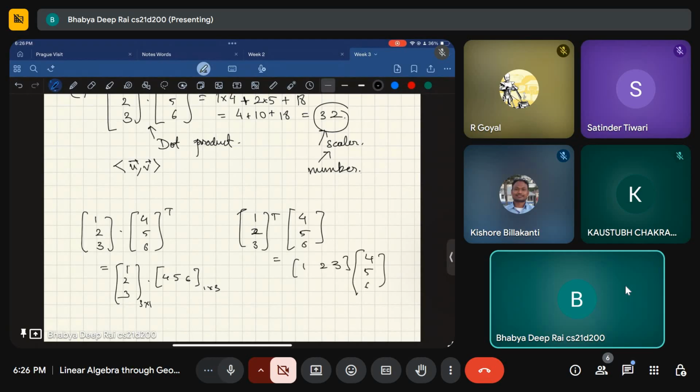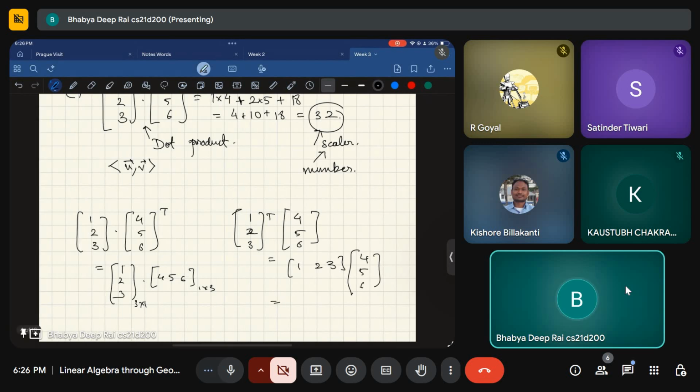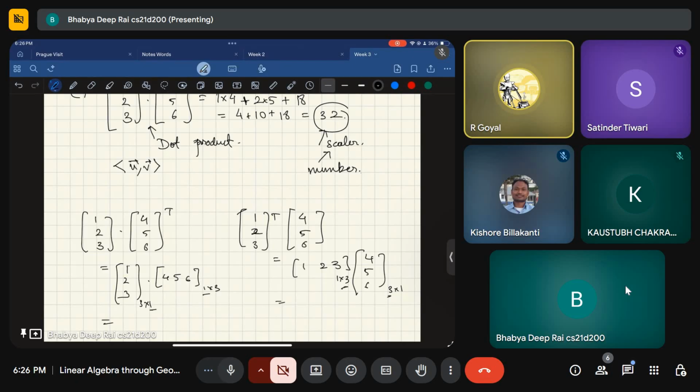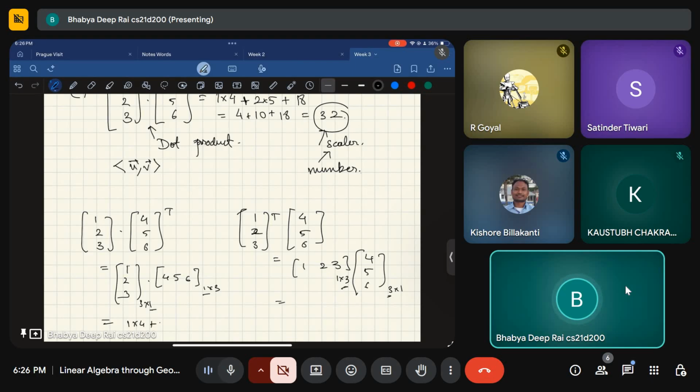So 1 times 4 plus 2 times 5 plus 3 times 6. This is what you will get, and that is nothing but the inner product. But if you put the transpose in between, this would be the inner product. If you put it outside, then that would be the cross product, the outer product: U V transpose, or equivalently U transpose V.